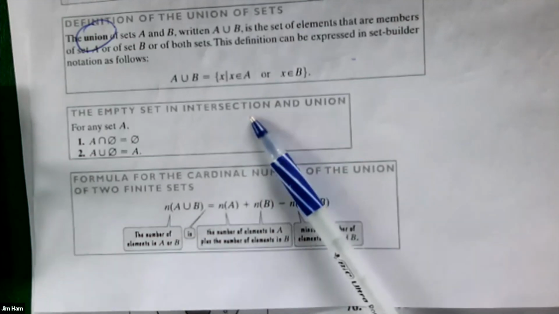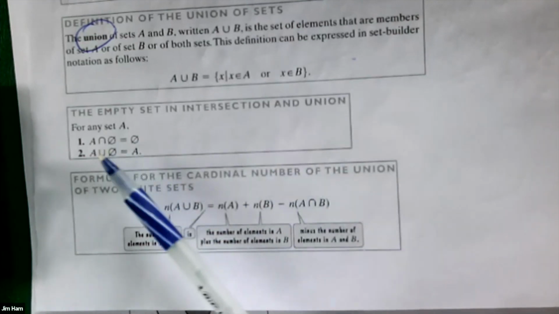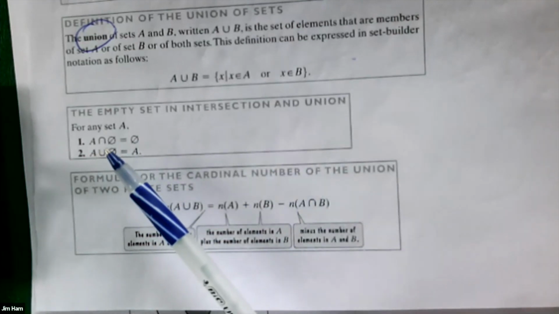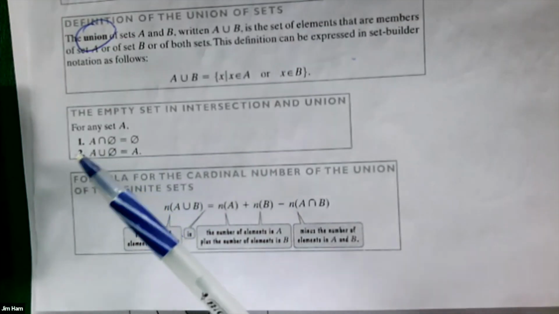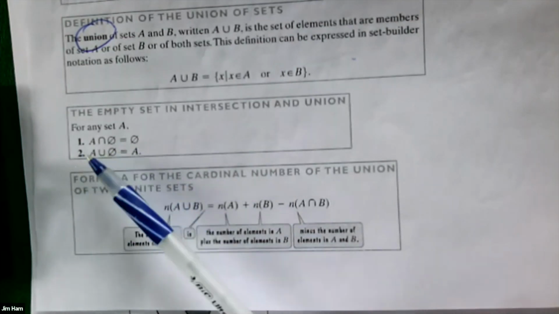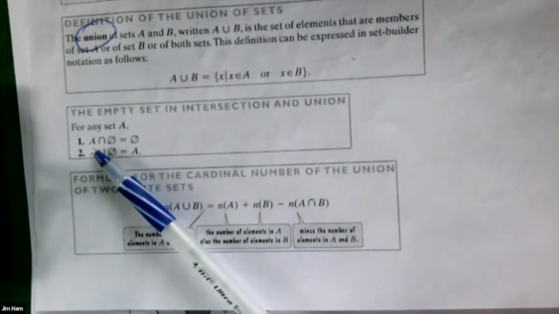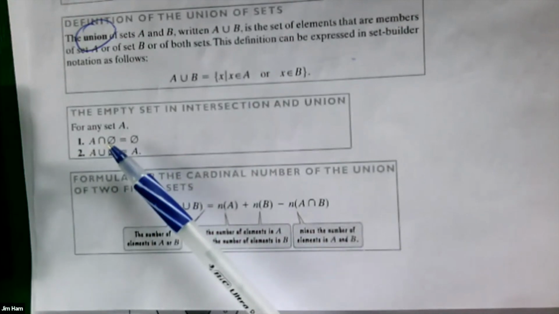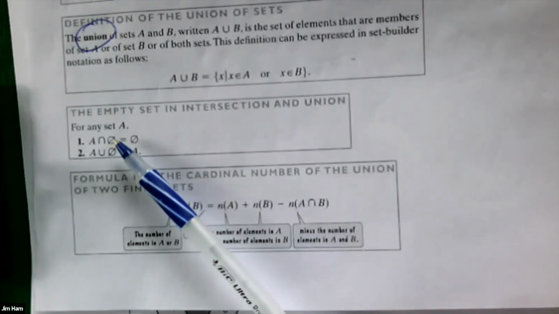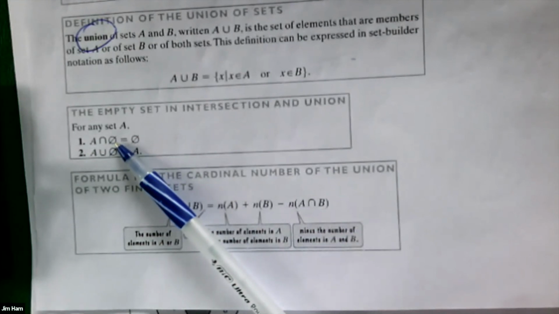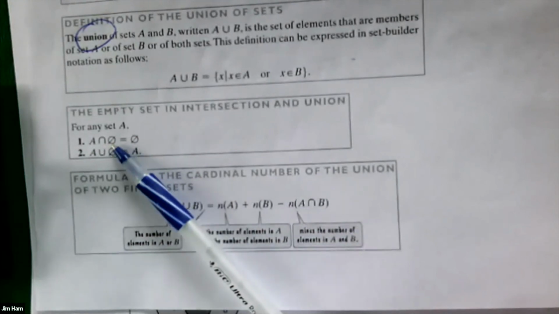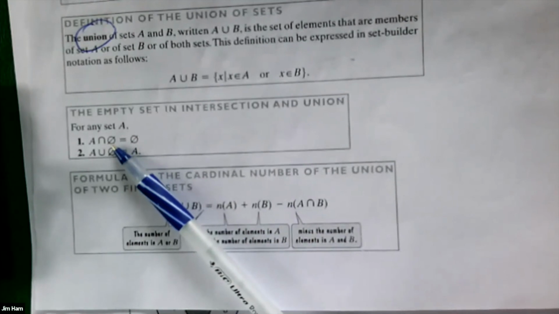In terms of intersection and union, there's a couple of properties that you would probably deduce without having a special property for it. If you take a set A, which can contain anything, and you take the intersection with a set that contains nothing, and you ask the question, what's common to both? Well, since the empty set doesn't contain anything, there are no elements common to both sets.